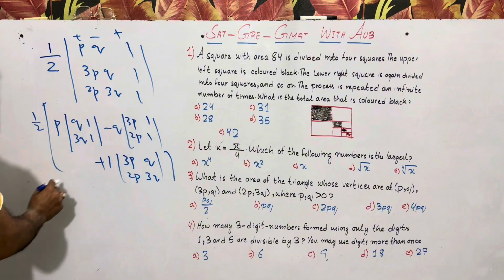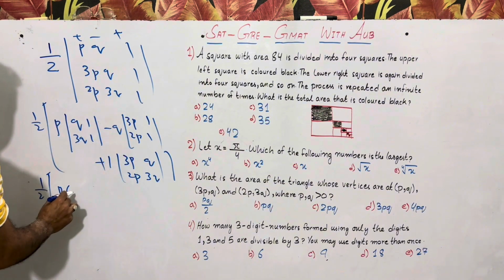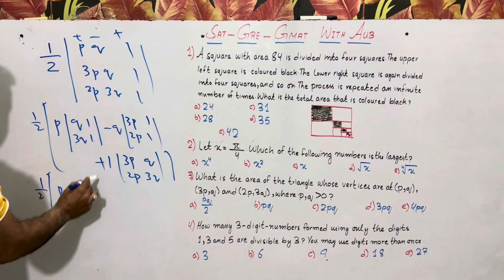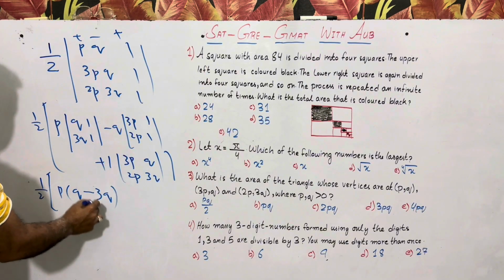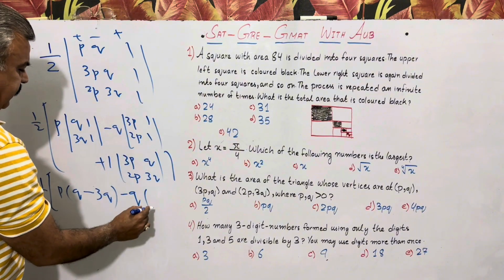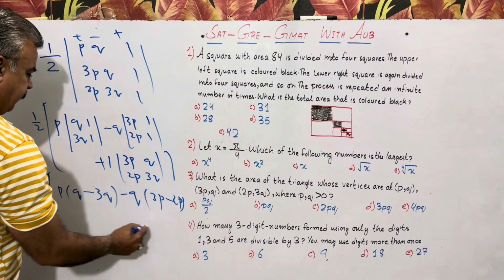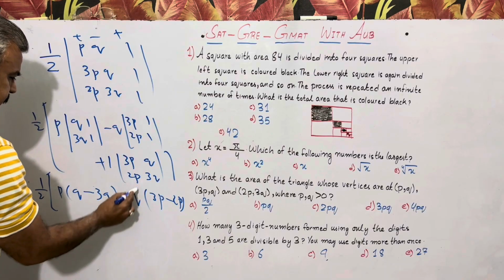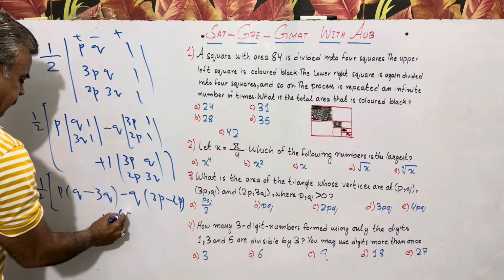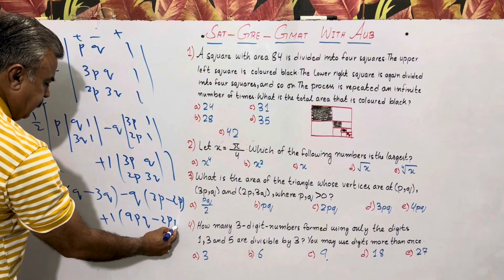Okay, expanding them: p times (q times 1 minus 3 times q), with the 1 over 2 the same. That is 1 times q minus 3 times q. 3q times 1, that's 3q. Negative q times (3p times 1, 3p, negative 2p times 1). Plus 1 as usual, we have 9pq minus 2pq.